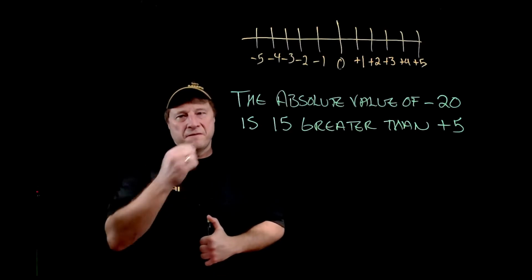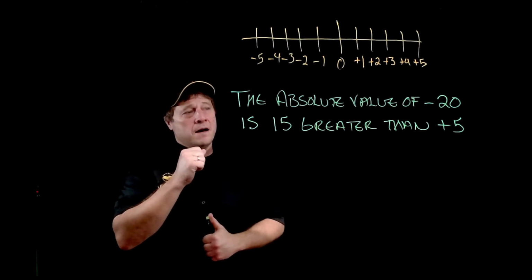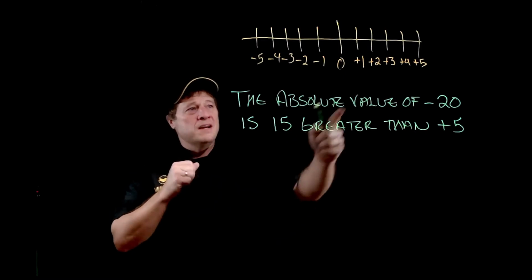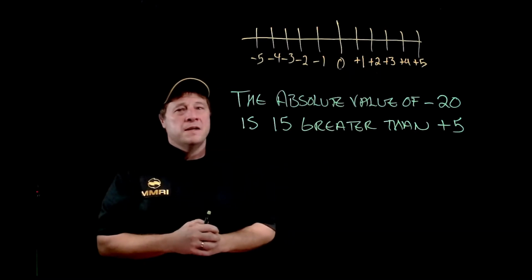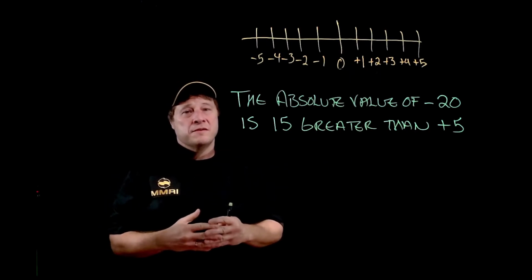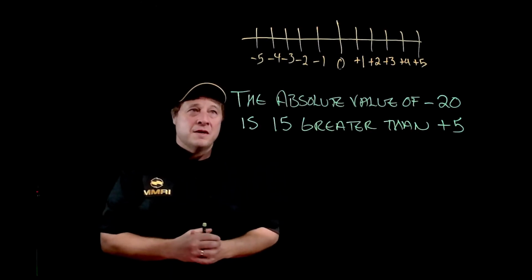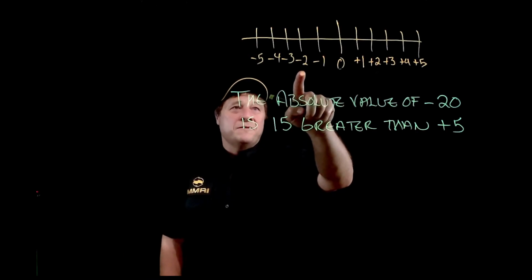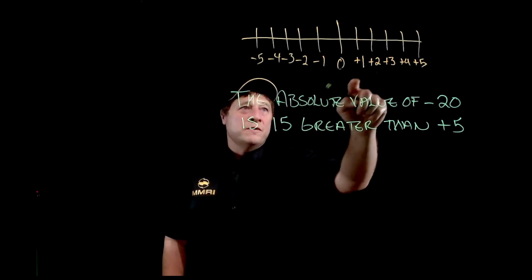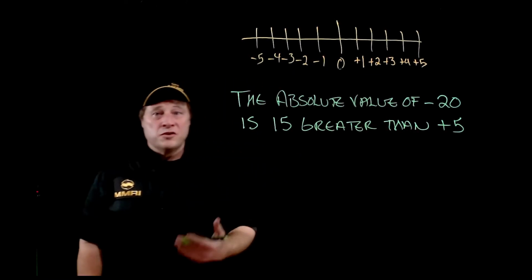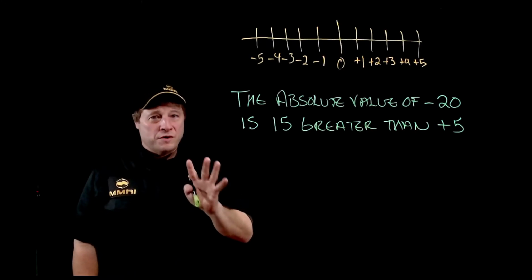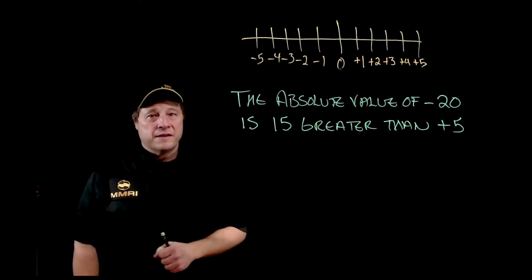For instance, if I said to you, plus 2 is how many units greater than negative 2? Well, then you would go to the negative 2, 1, 2, 3, 4. Plus 2 is 4 units greater than negative 2, right?